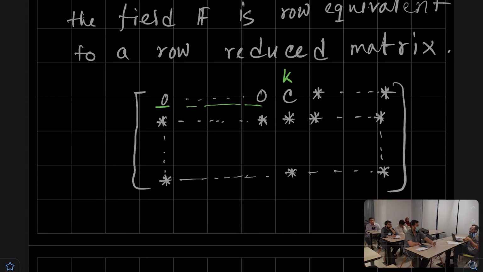Because C is an element of the field, so there is an element 1 over C, and I can multiply it with this. By the way, there is a correction: the stars can be 0 as well. They are not all non-zero. They are unknown, they can be 0 or non-zero.